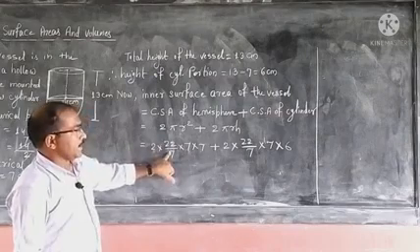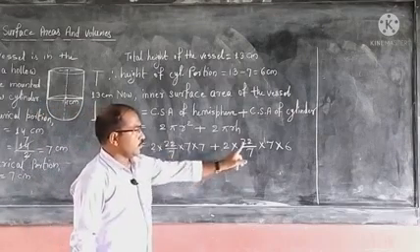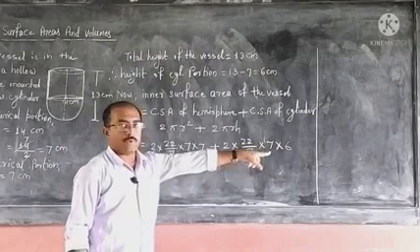So, 2 into 22 by 7 into 7 into 7, again 2 into 22 by 7 into 7 into 6.